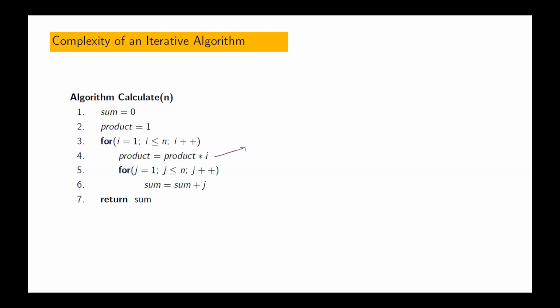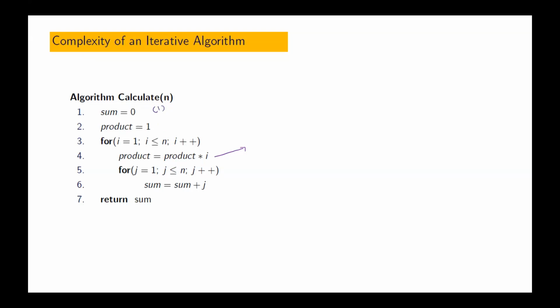How many times is sum equals 0 performed? Only one time in this entire algorithm.